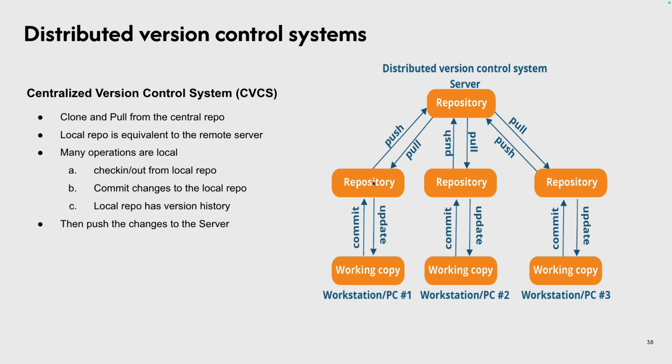From the local repository you are making the changes to the server. At the same time, you can make changes directly on the server itself, and that can be pulled to your local repository, and this can be pulled back to your working machine. So this is a direct change in the server repository.